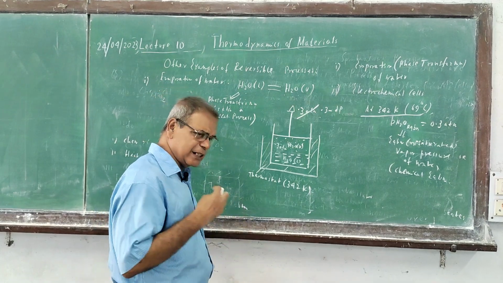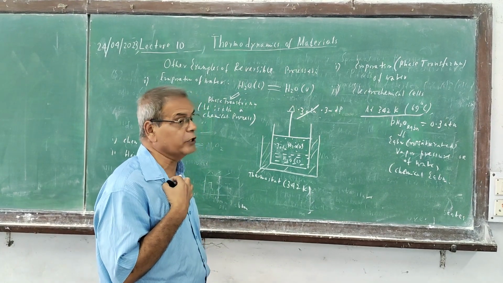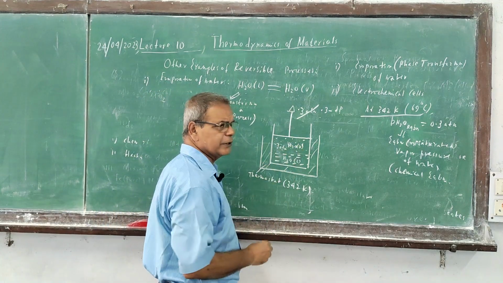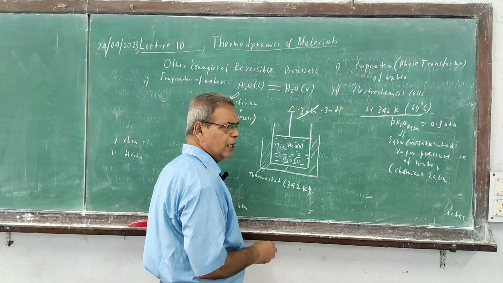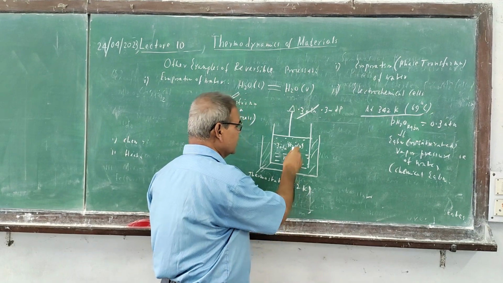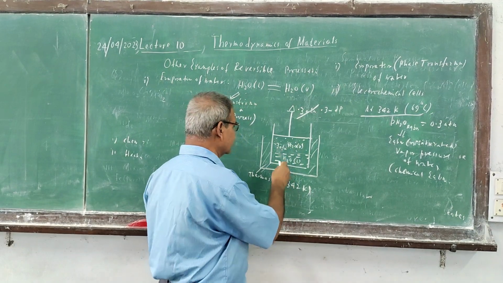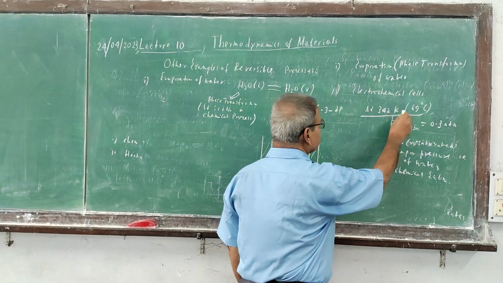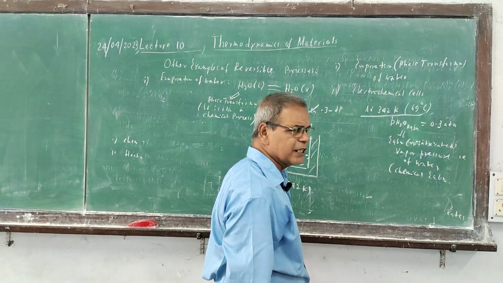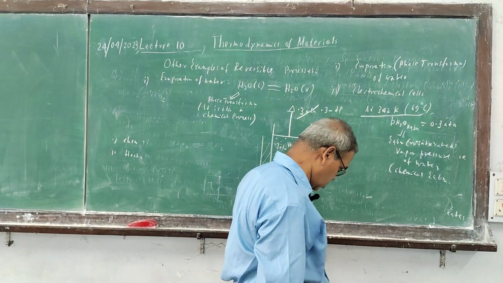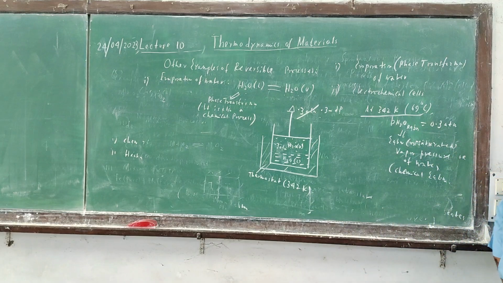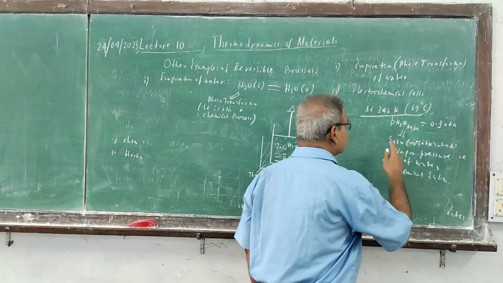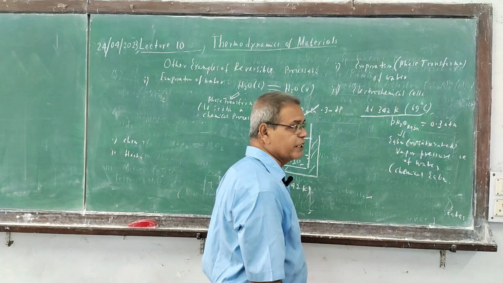Remember, equilibrium to equilibrium through equilibrium. The starting equilibrium state is water and some vapor in equilibrium. This is actually a chemical process, and at 342 Kelvin, which is 69 degrees centigrade, the equilibrium vapor pressure is 0.3 atmosphere.